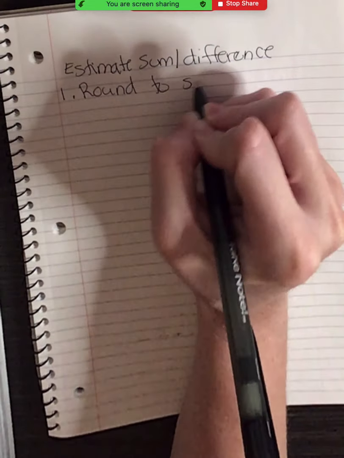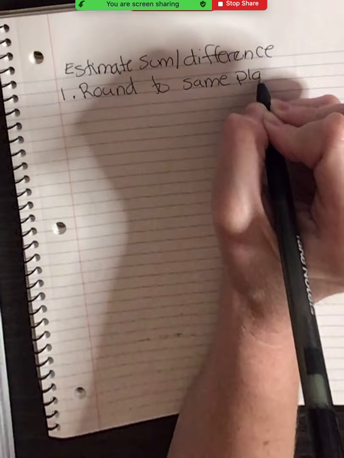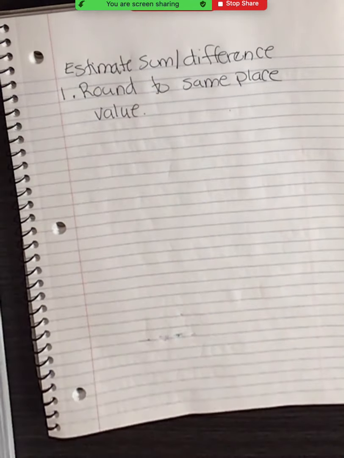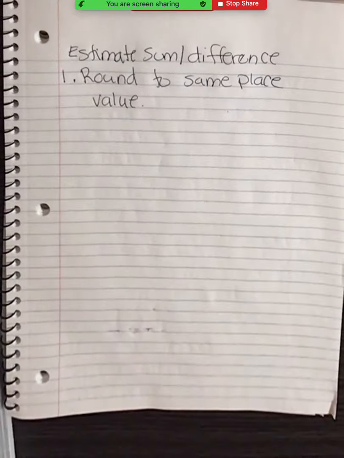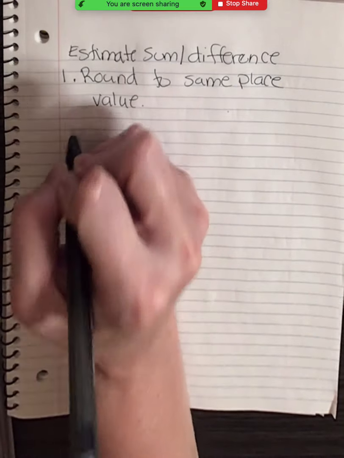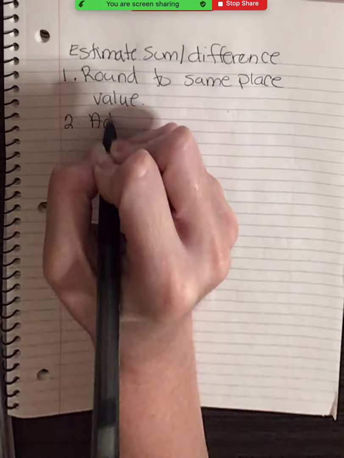Round the numbers to the same place value. With a sum or difference, you're not going to round one number to the nearest 100 and one number to the nearest 1,000. You're going to round them both to the same place value first, and then add or subtract the rounded numbers.